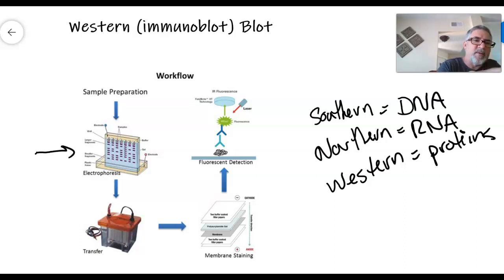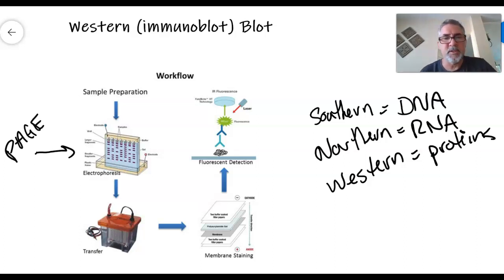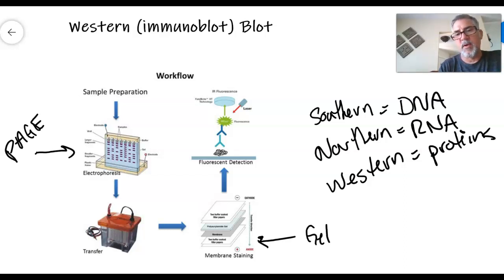First I'll run my proteins on PAGE. I'm running them on a vertical system, so I'll run them on a PAGE system. And when I get the gel out, I do membrane staining. I got my gel. Remember, if I do SDS-PAGE, it coats my protein in negative charge, right?